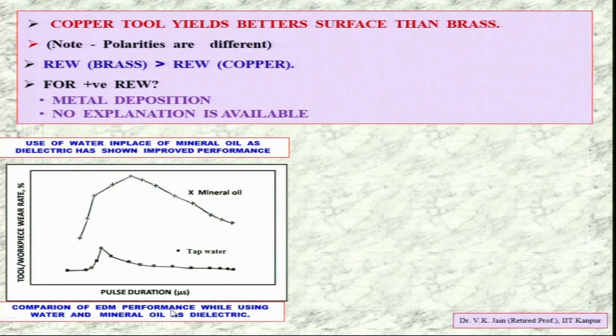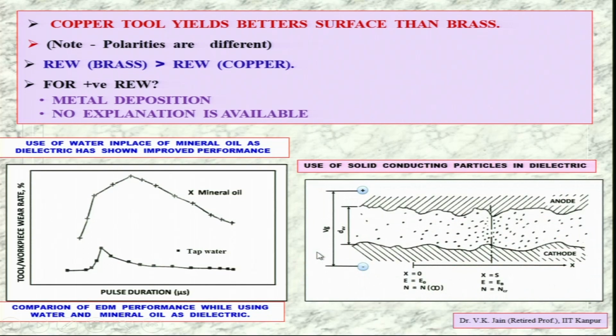Comparison of EDM performance while using water and mineral oil as dielectric, this has been taken from certain source. Now, use of solid conducting particles in dielectric: some experiments have been done just to see the effect of solid conducting particles in dielectric, and you can see here what they are doing while they are near the sparking zone.